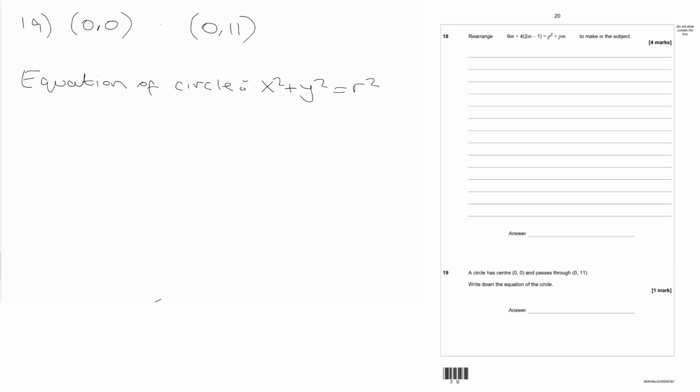So in this case, we can see here that if one of the coordinates that it passes through is 0, then the other one must be the radius. So we know that r is equal to 11, so this is our radius. And therefore, the equation of the circle is just going to be x squared plus y squared equals 11 squared, which equals 121.